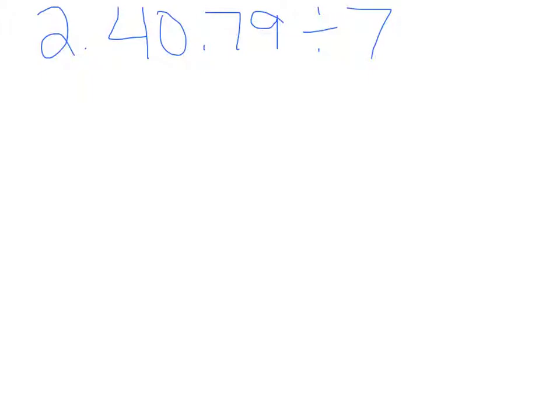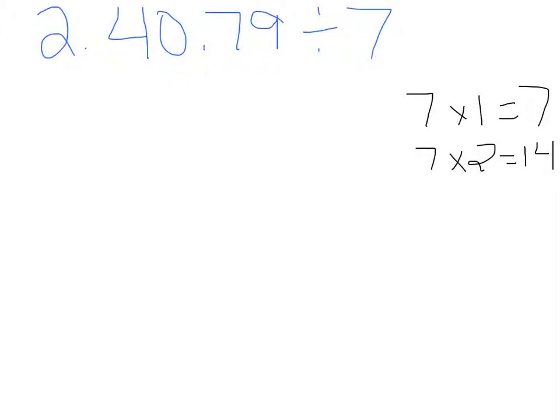So let's look at some factors of 7. To start, we have 7 times 1 is 7. Let's try 7 times 2, which is 14. Now, remember, we want to find a number that's close to 40.79 that 7 divides into.